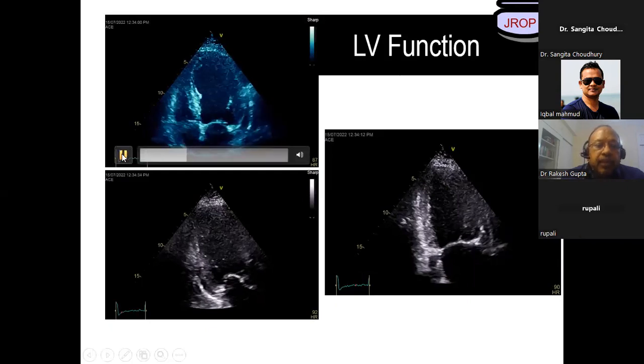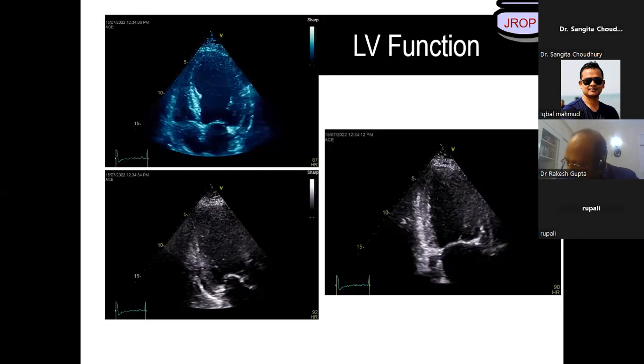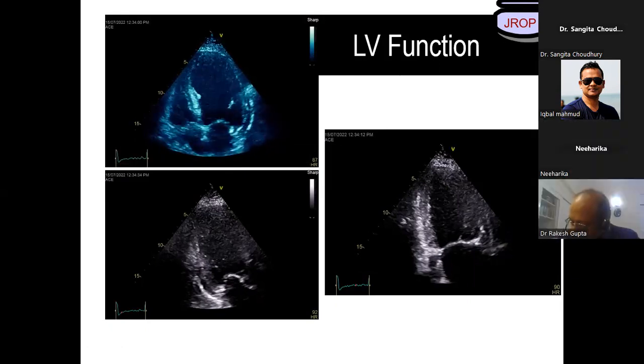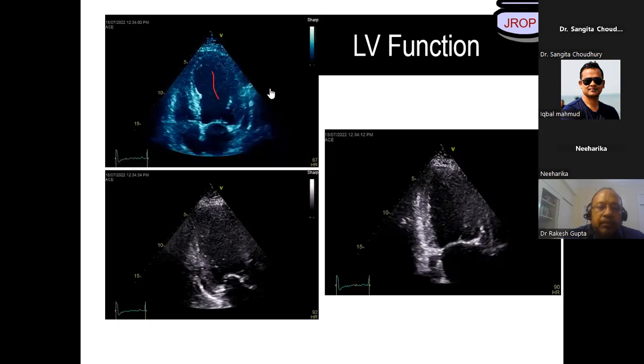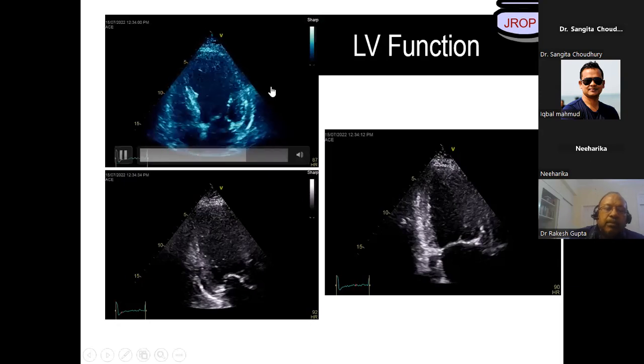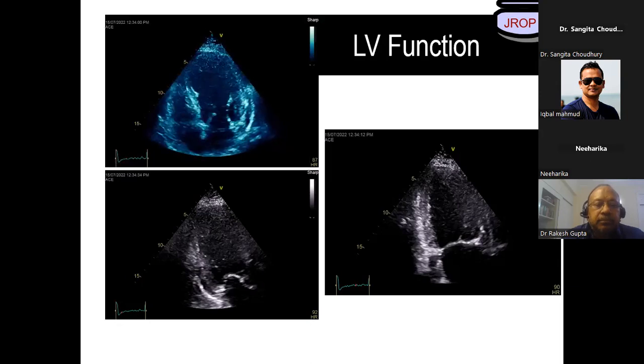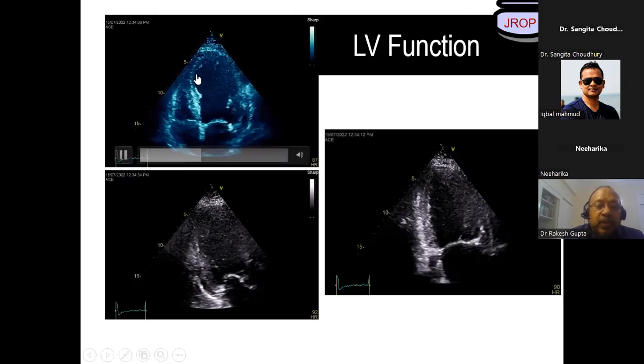The first one is the apical four-chamber view, and it shows thinning and echogenicity of the apical septum, and there is reduced contraction and possible hypokinesia of the apical lateral wall. Sangeeta, I'm sorry, I could only see one segment which is not contracting over here. The rest of the apex is practically not visible.